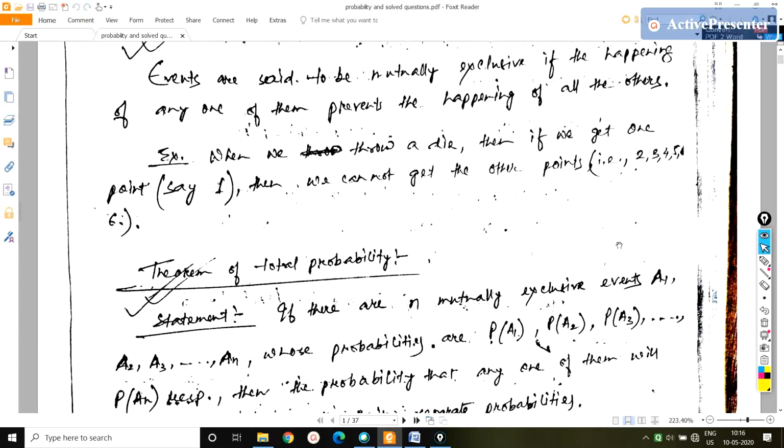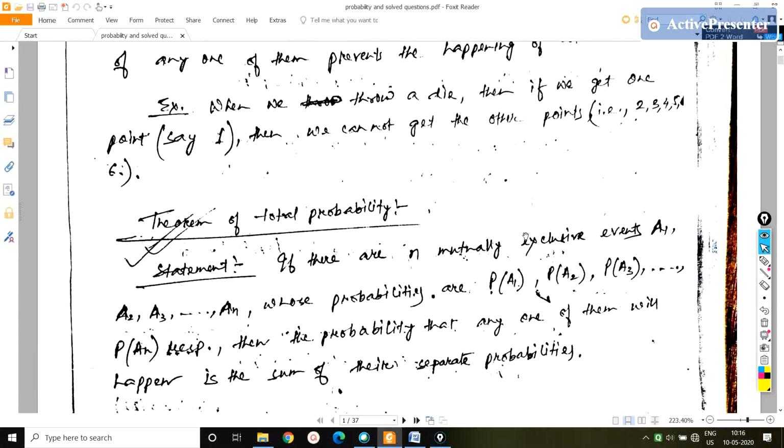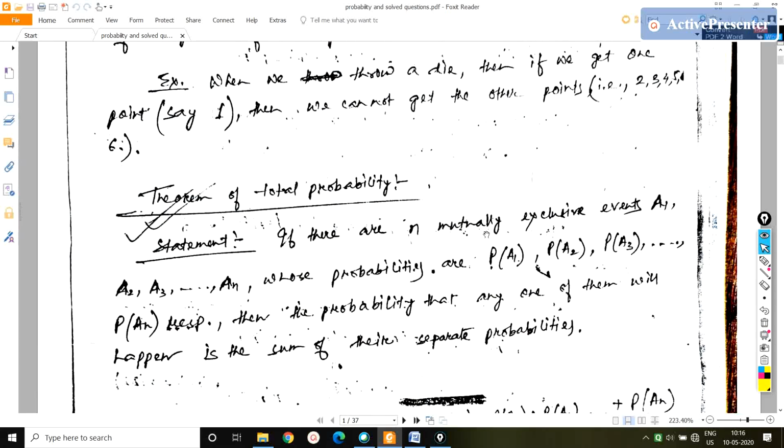Theorem of total probability says that if there are n mutually exclusive events, capital A1, A2, A3, up to An, whose probabilities are P of A1, P of A2, P of A3, and P of An respectively, then the probability that any one of them will happen is the sum of their separate probabilities.